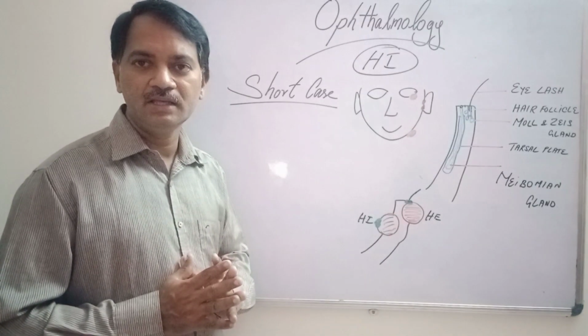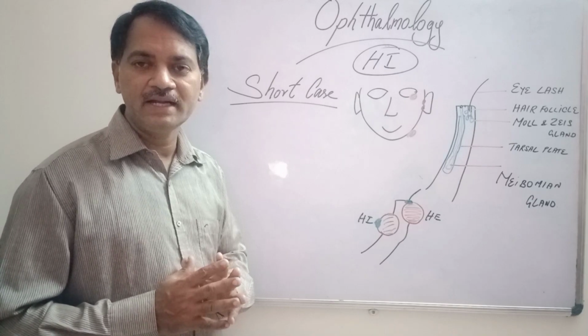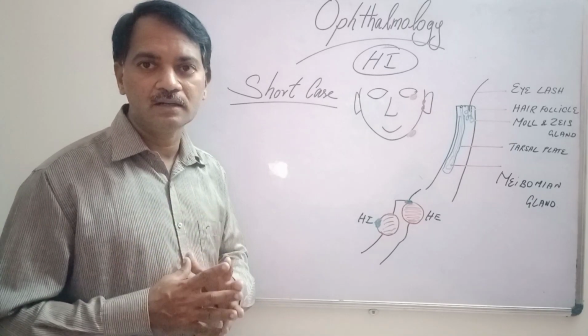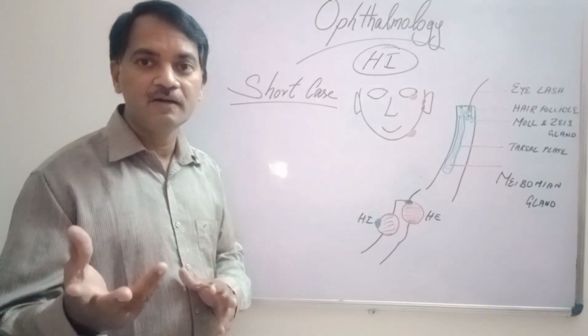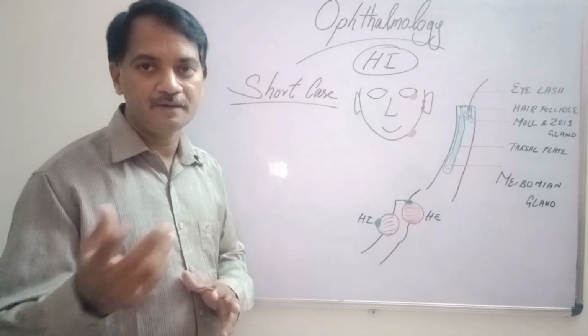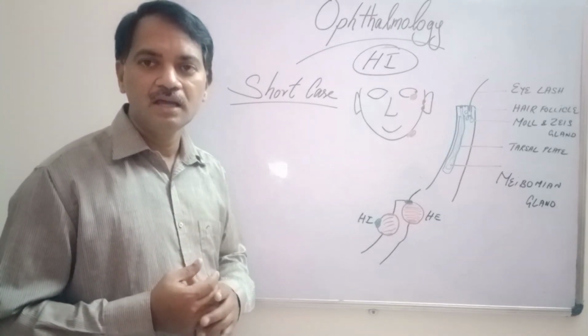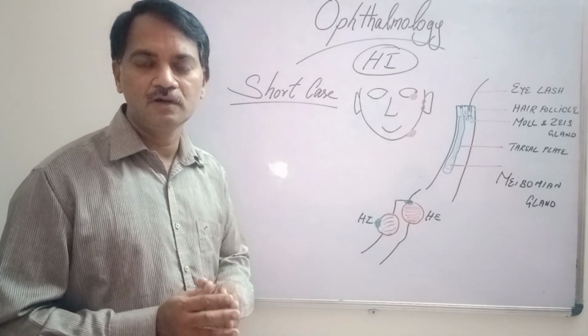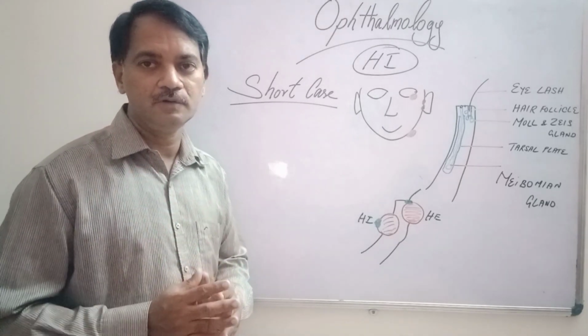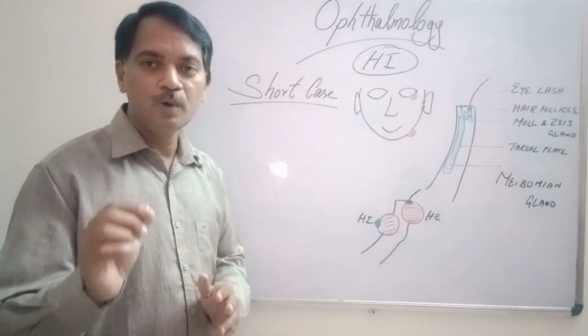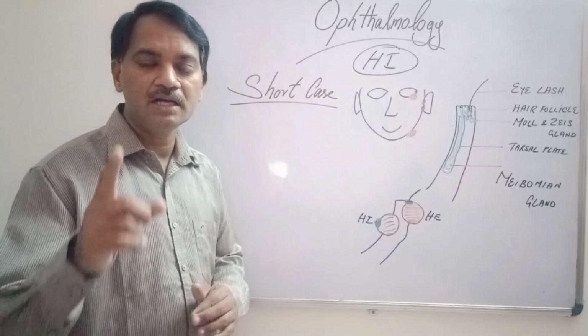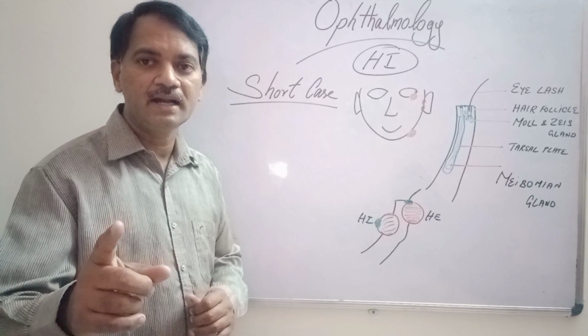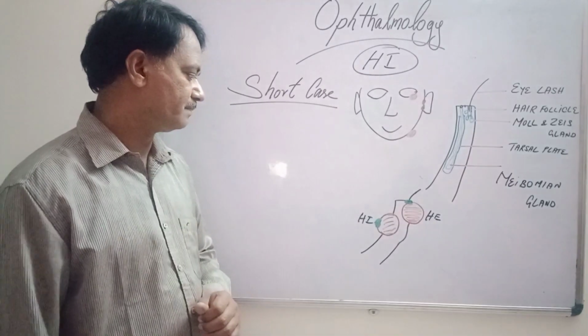So naturally, before the swelling develops into a very big one, the patient obviously develops severe pain because it is going to form inside the tarsal plate. So that is going to be very painful. That is why the symptoms in hordeolum internum are more than in hordeolum externum.